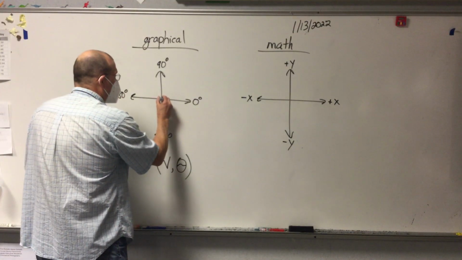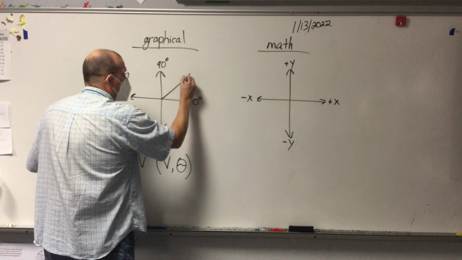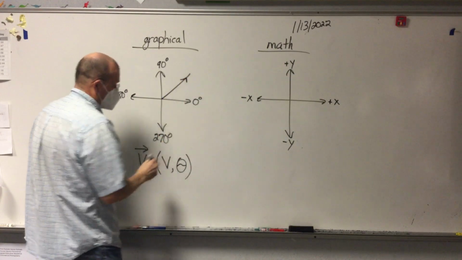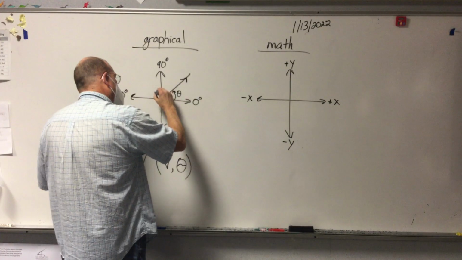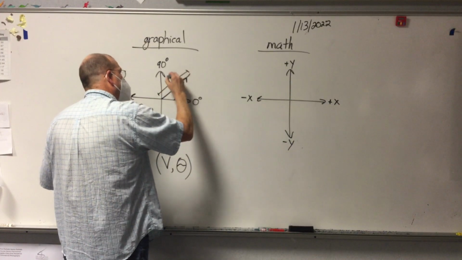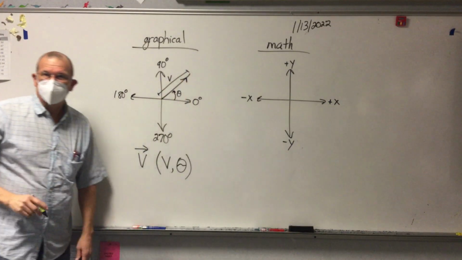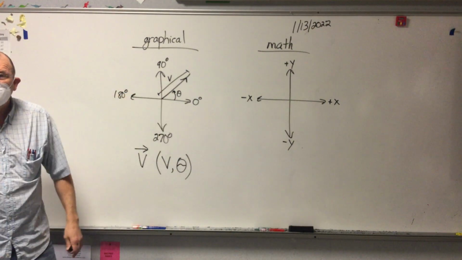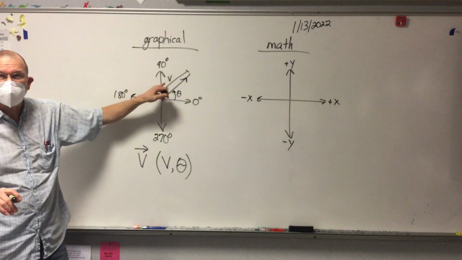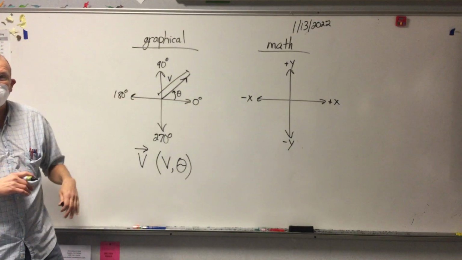So let's say we have some vector and it points here. Here is our angle and this is our length. Again, I am not putting an arrow over this V, because that is not what it really represents.